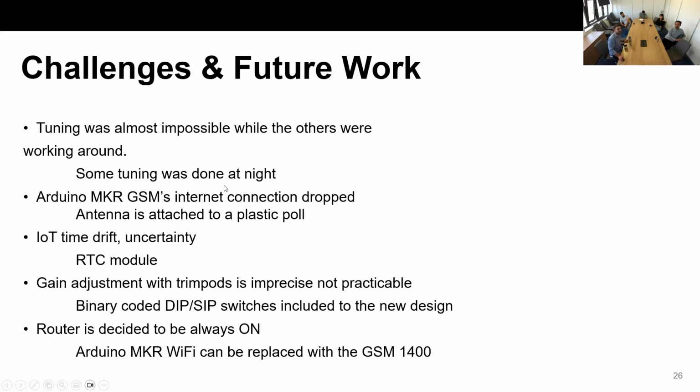Considering that we had a lot of issues with the Arduino's connection going down, if we have the router on, the next step is to switch the GSM connected Arduino to the Wi-Fi.